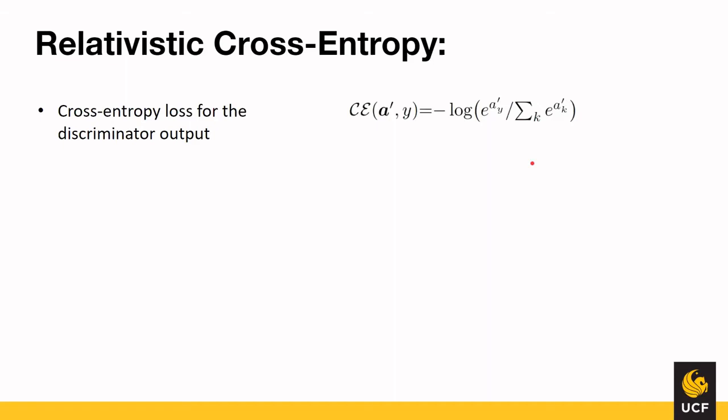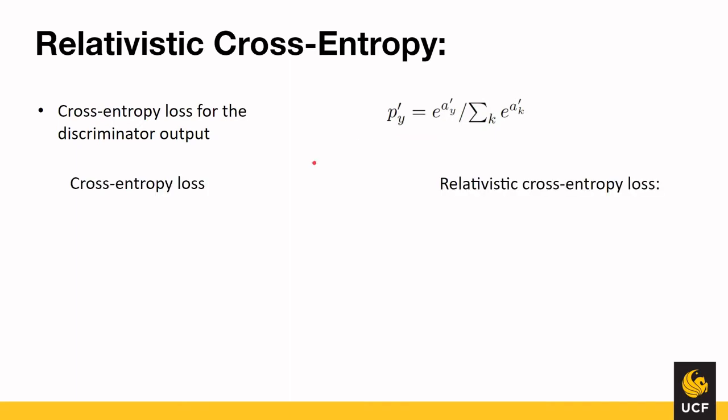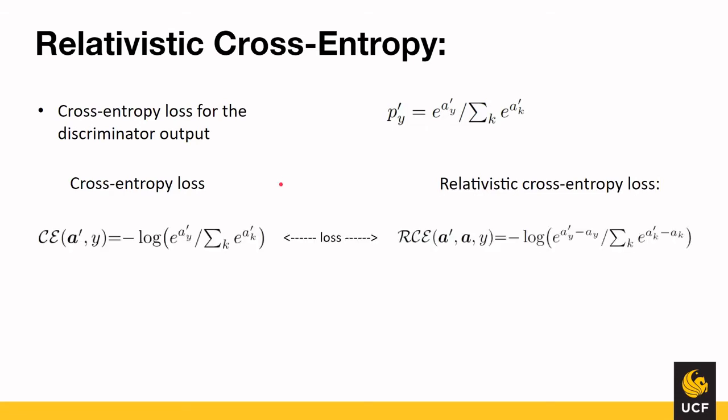So they describe how relativistic cross-entropy is better than the cross-entropy loss. If this is our cross-entropy loss, they take P of y as the softmax function to make it simpler for derivation. Now we can look at cross-entropy and relativistic cross-entropy losses side by side and their partial derivatives.